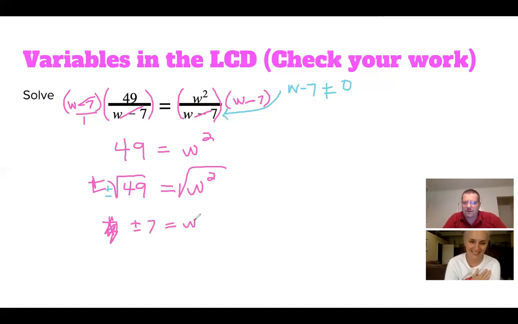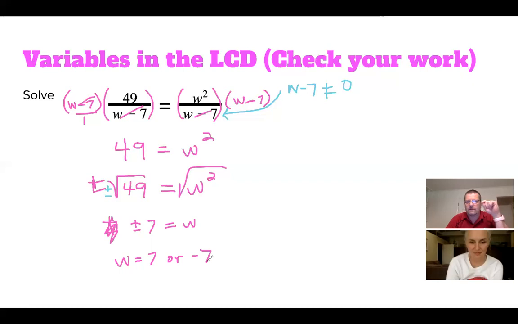Now there's a problem here, because that really means I have 2 solutions, right? w could equal 7 or negative 7. We sometimes get lazy and write the plus or minus. It equals 7 or negative 7.